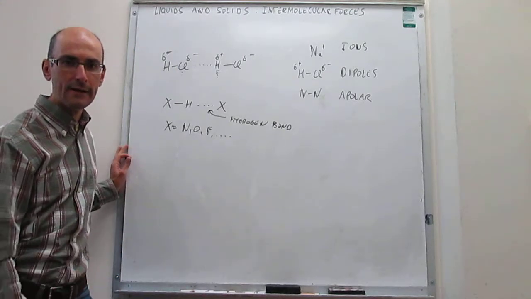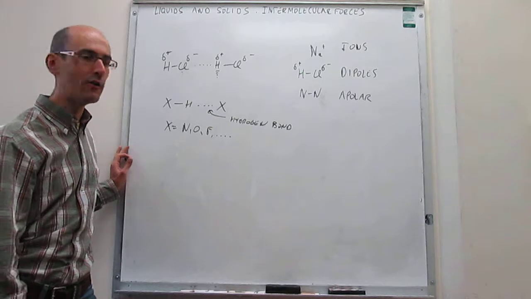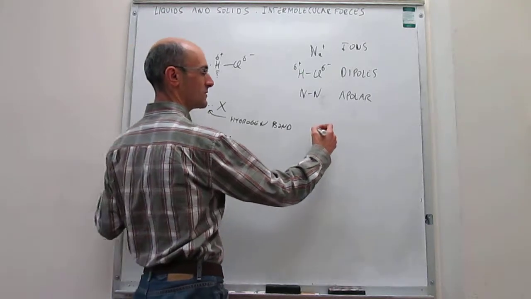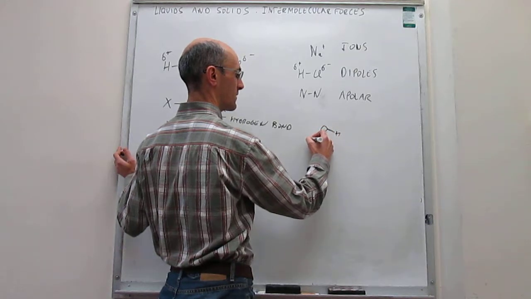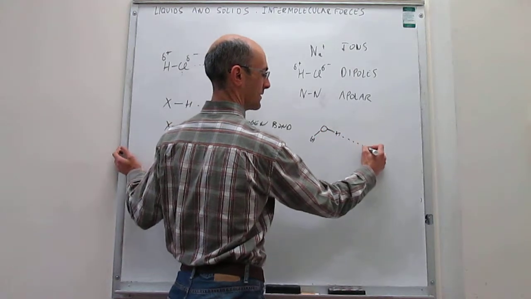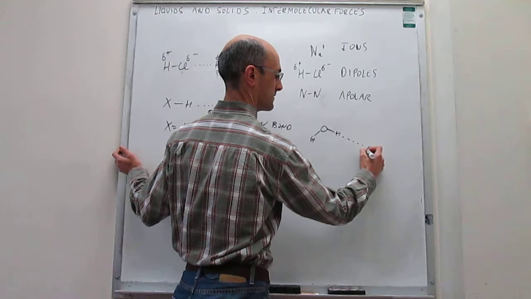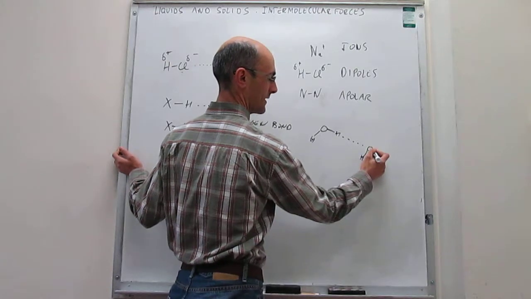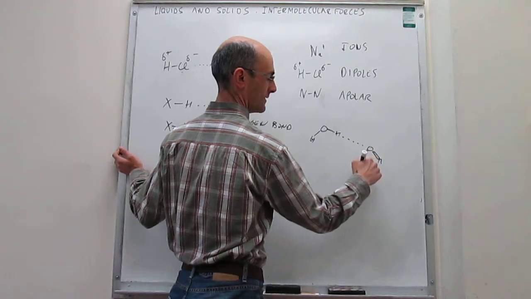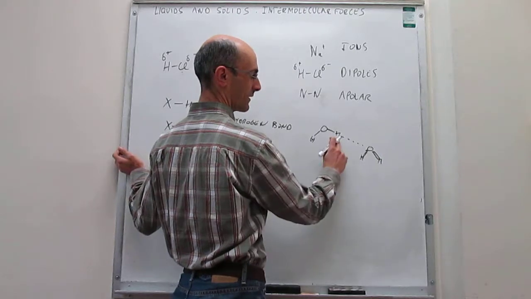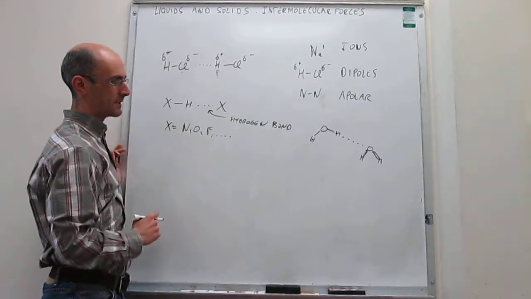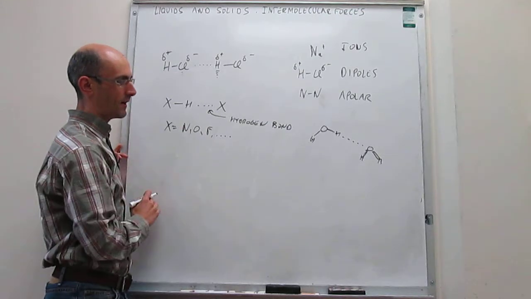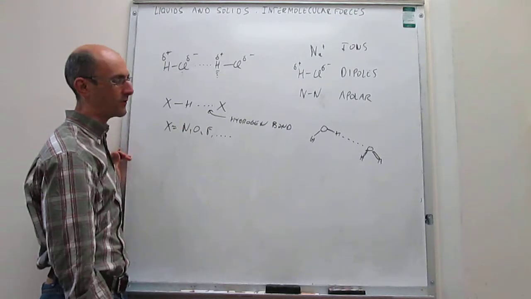For example, in liquid water, those are hydrogen bonds. If we think about how two water molecules would interact with each other, what you have is something like this, where this H would be coming out of the plane, this H would be going inside of the plane, and that is a hydrogen bond because oxygen is in this list that generates hydrogen bonds.